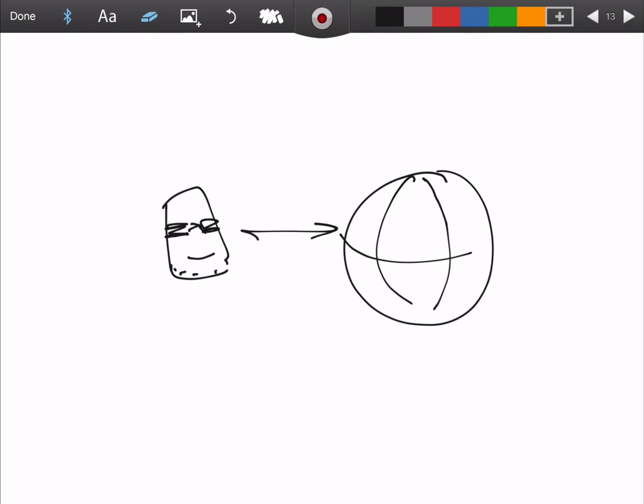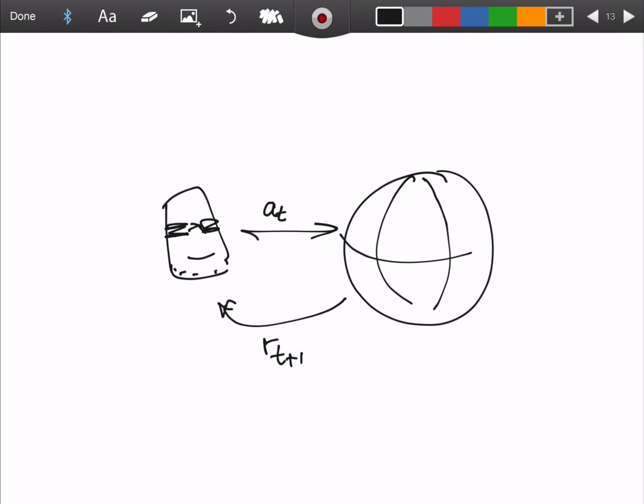We are acting on this world by selecting some action. If we're playing Pac-Man, we can go left, right, up, down, and maybe we can shoot. These are our actions. At every point in time, we can select one of these actions, and the world reacts by giving us some feedback that we can quantify in terms of what is called the reward signal.